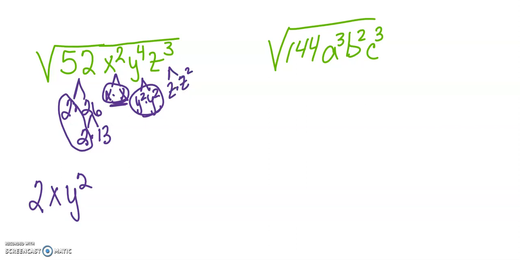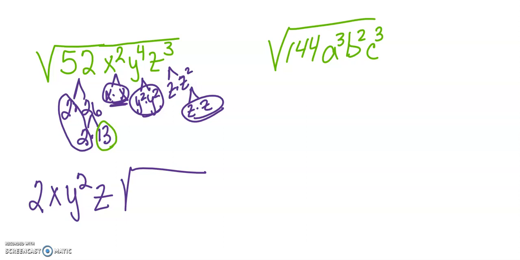I'm going to put a line through my z. And z squared can be written as z times z. That's 2 of a kind. So a z can come out. All right? Now I do want you to see what's left over. 13 did not get paired up, and this z did not get paired up. Therefore, the 13 and that lone z have to remain in the radical.